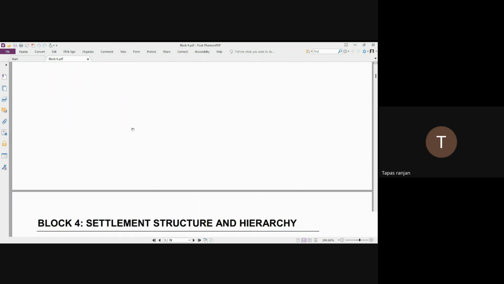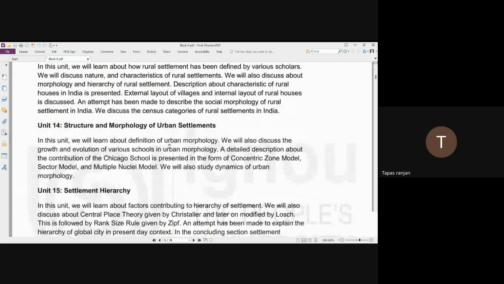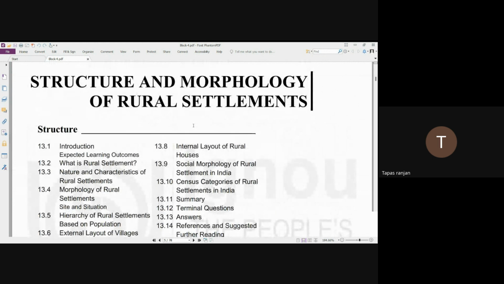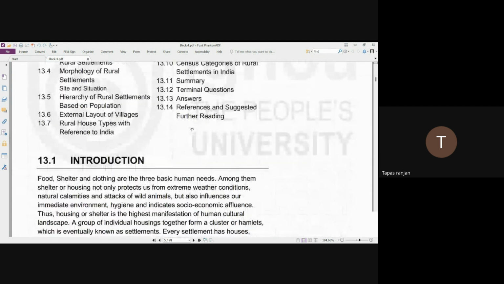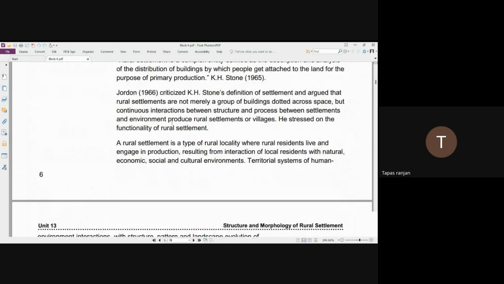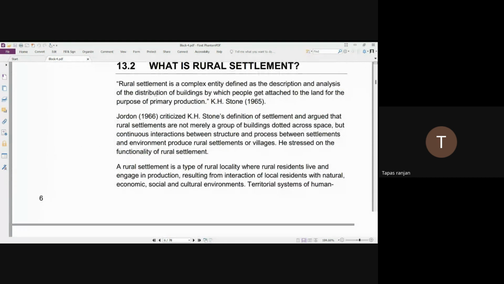So first, let's try to understand the morphology of rural settlement. What is the morphology of rural settlement? I don't need to explain the different elements or components of rural settlement and how rural settlements are defined now, because we have already discussed according to the Census of India which places will be considered urban and which rural.